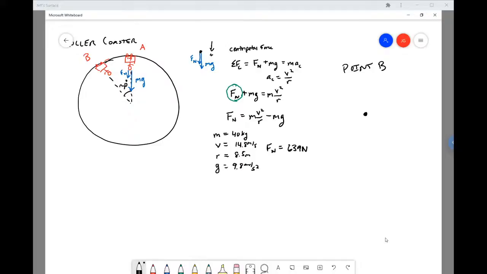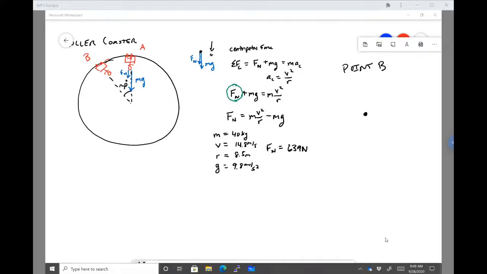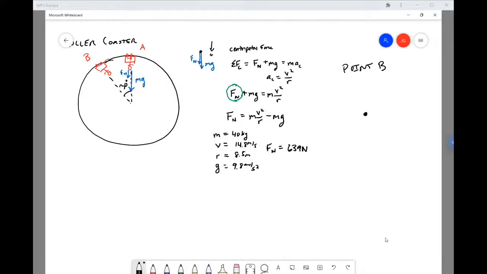Let's rotate our axes so that the direction toward the center is called positive y, and the direction perpendicular to the circle is positive x.